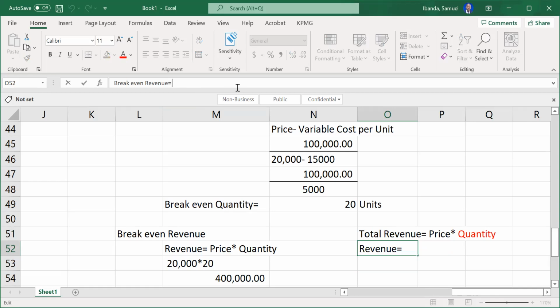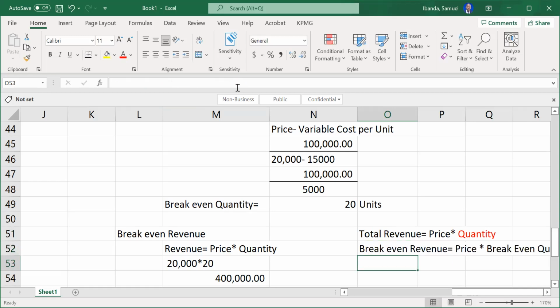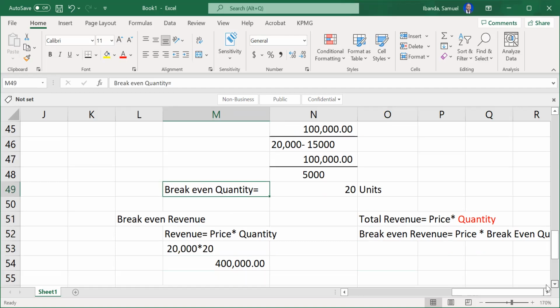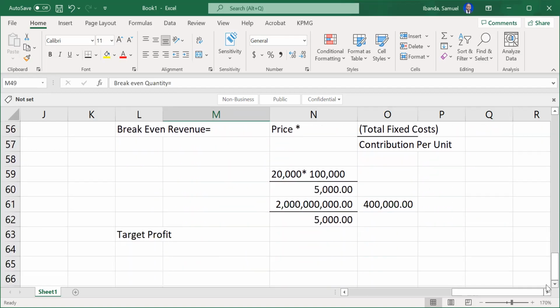So it is price times the break-even quantity. So that's why here we use the break-even revenue. When we calculate break-even revenue, we use the break-even quantity, which was 20, which we had calculated in the previous part. So I hope, Jane Francis, that answers your question.